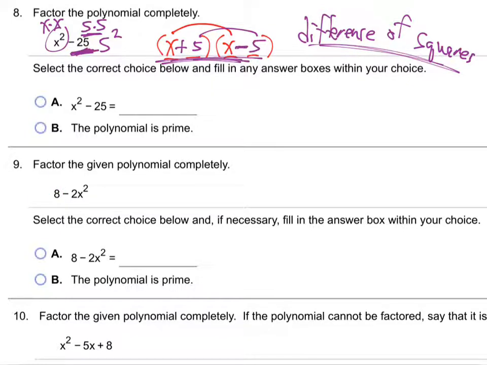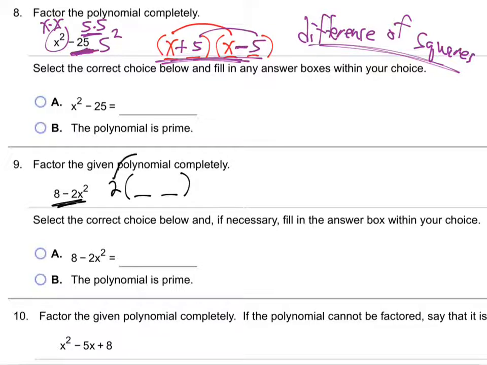Well, then how do we do it? You look at these, and first, anybody know, you ask what the GCF is. What do they have in common? What goes into 8 and 2? 2. So you do that first. There's going to be more steps to this, but your first step is just to take out the 2. And then how do you know what's left inside? Whatever works.